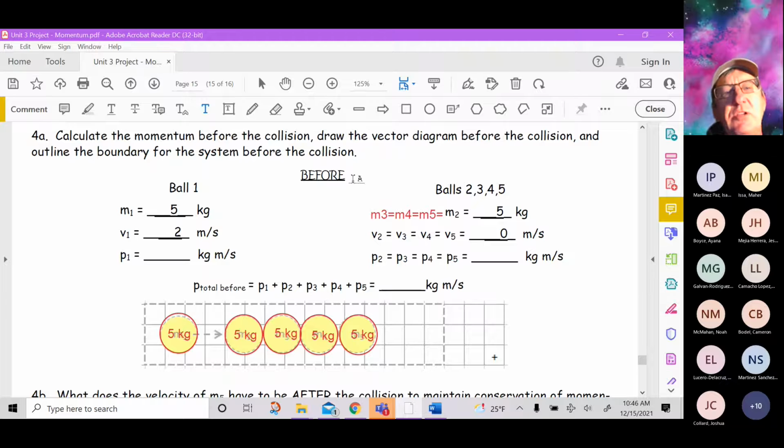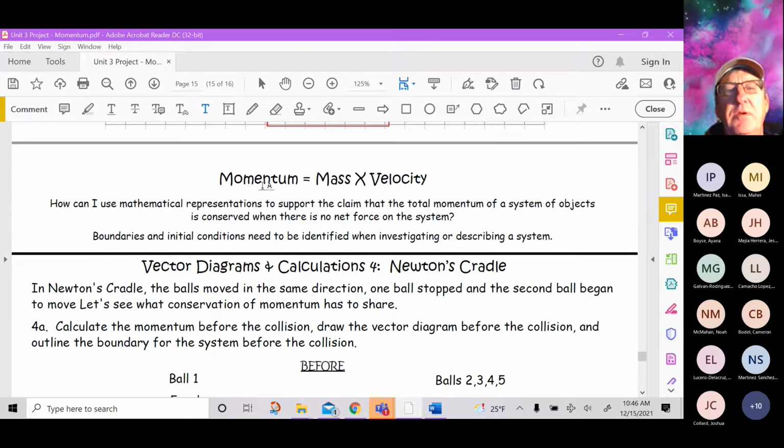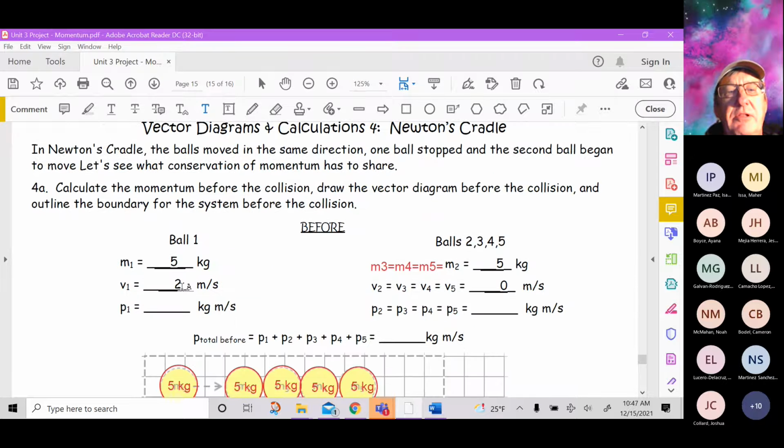Now, what I would like you to do on your own is find the momentum. Here's the mass, here's the velocity. You calculate momentum. Here's a hint for you: up at the top of the page. You calculate, fill in the momentum.